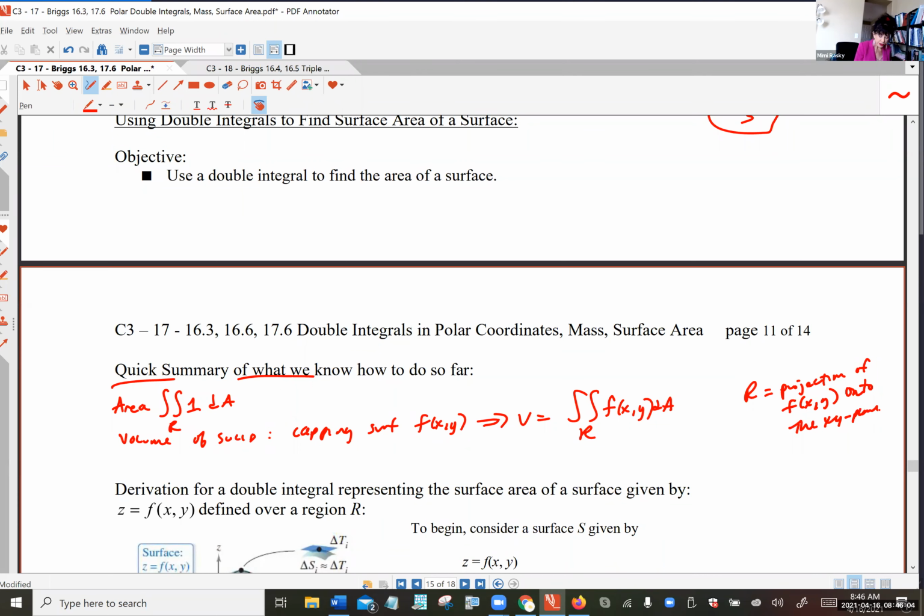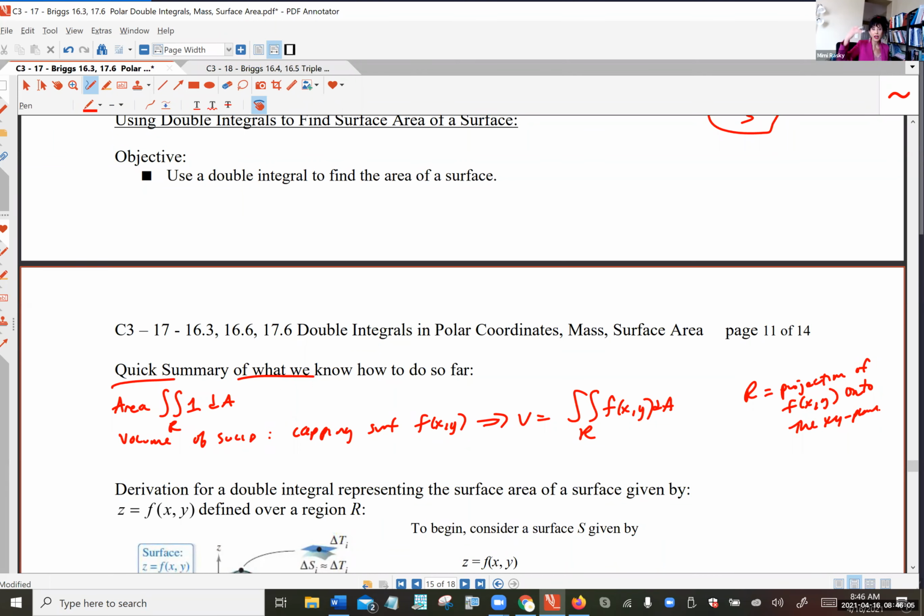Now, there's another way you could do volume if you have a ceiling and a floor function, and we saw an example of that last time, where you would have your ceiling minus the floor. And then your region would be the projection of the solid again onto the xy plane.